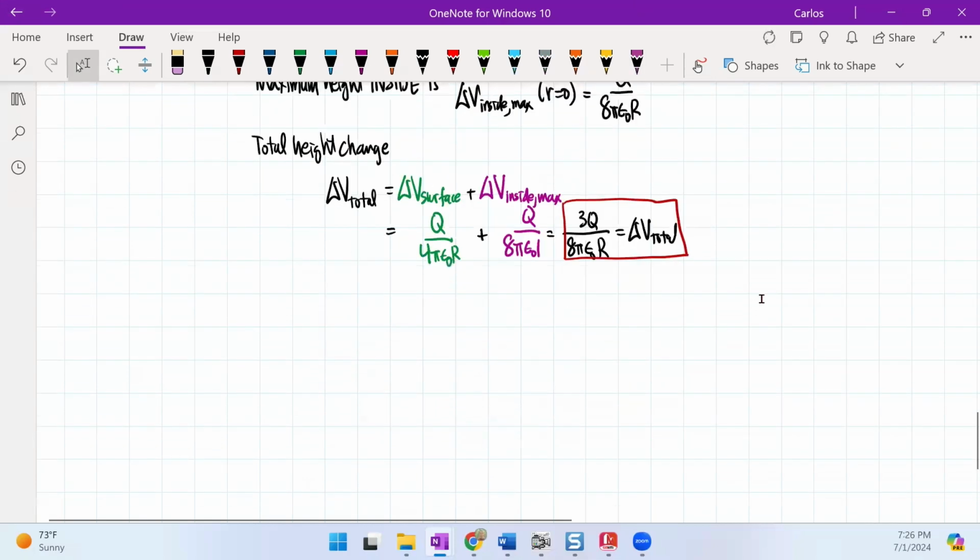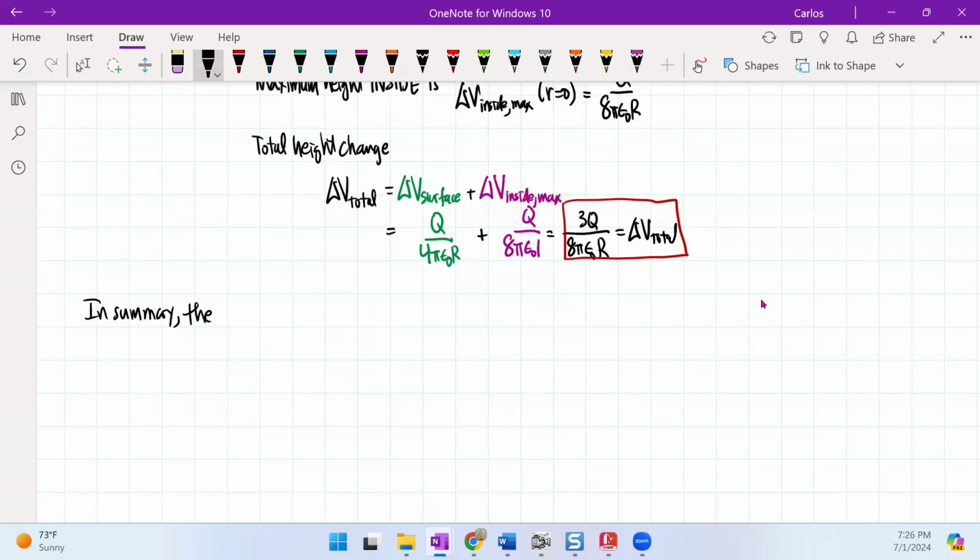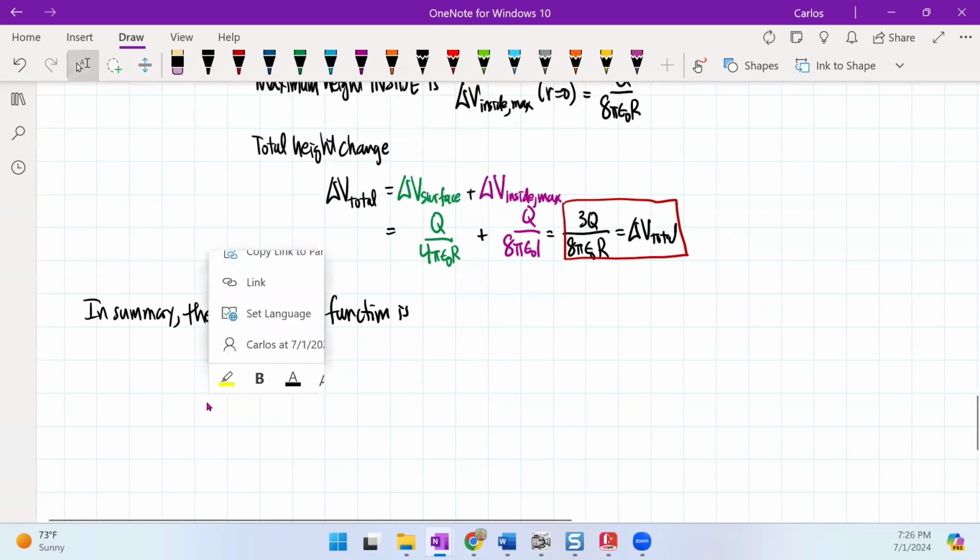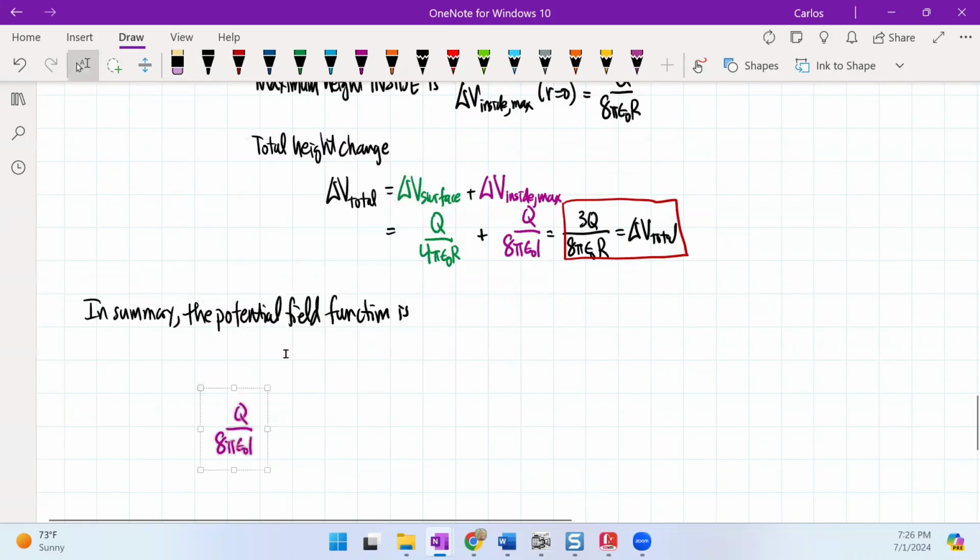So in summary, the potential field function is going to be this. I'm just going to write it. It's going to look like this.